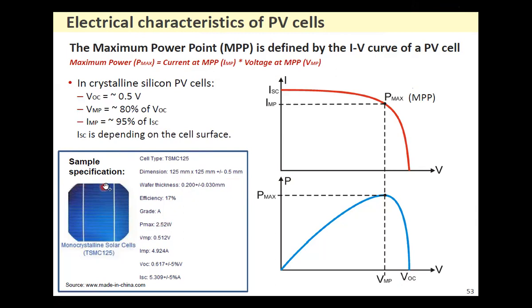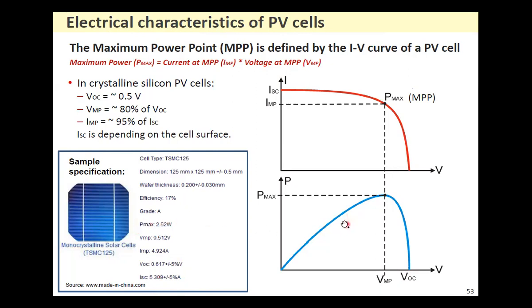The cell is around 125 mm by 125 mm, and the thickness is around 0.2 millimeter. Its efficiency is 17%. This is grade A cell. This cell can produce maximum of 2.52 watt, and its open circuit voltage is 0.617 volts, and the short circuit current is 5.3 ampere. Wow, it's a good current rating because this is the grade A cell.